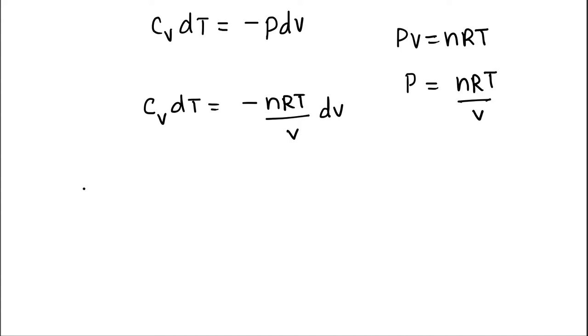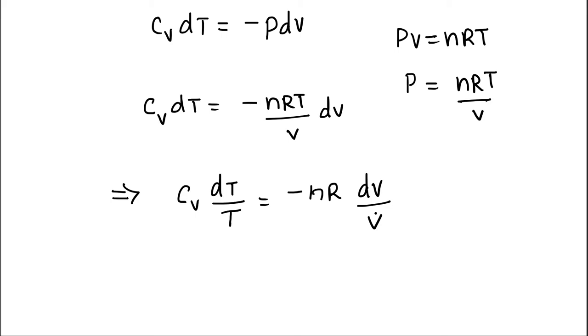So now I can write this equation as CV times dT over T is equal to negative nR times dV over V. Why? In the adiabatic process, the temperature is changing when the volume is changing. So both temperature and volume are variables here. So that's why I separated temperature and volume.